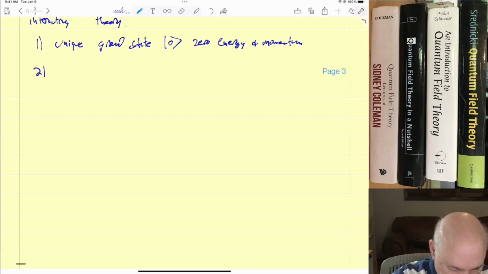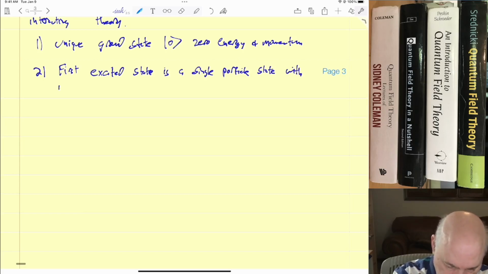2. The first excited state is a single particle state with mass m and arbitrary 3-momentum k.